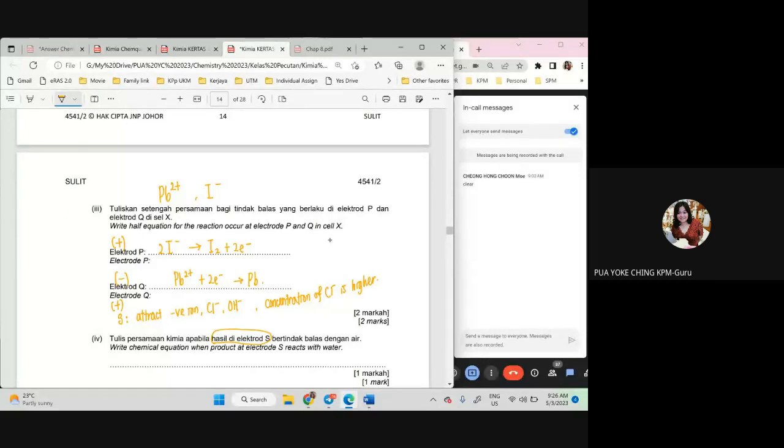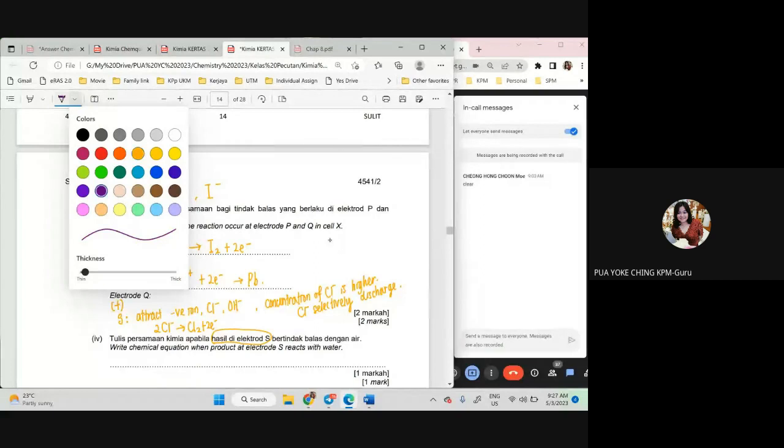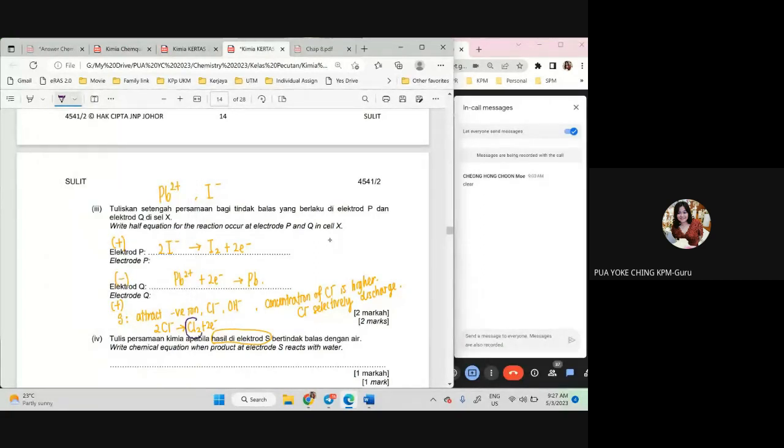Kepekatan Cl minus lebih tinggi sebab dia 1 mol. So Cl minus selectively discharge. Ini ialah dia tanya apa yang kamu pilih ataupun apa produk yang you dapat. So, produk yang saya dapat ialah 2 Cl minus become Cl2 plus 2e minus. So, produk saya adalah chlorine, Cl2. This is your product.